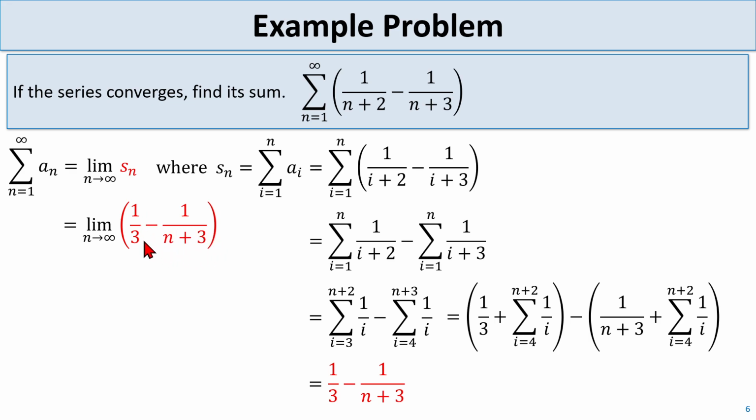The limit of a constant is just a constant, and if you make n go to infinity, the second term is going to 0 because the denominator is getting huge. So the result of this limit, and therefore the result of the sum, is 1 over 3. This series that we were looking at does converge, and it converges to the value 1/3.